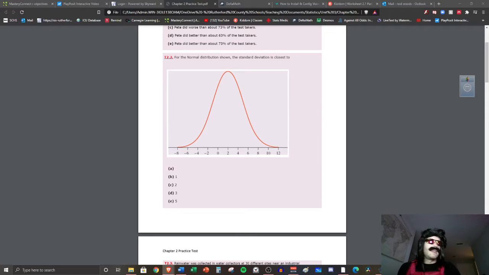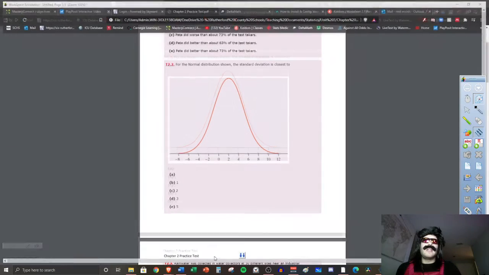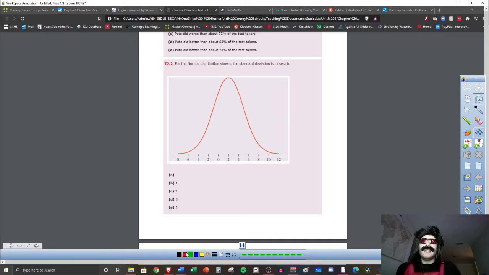Better. Okay. So for a normal distribution shown, the standard deviation is closest to. Now, the understanding on this is that you need to first identify the mean, which is going to be 2, or thereabout 2.